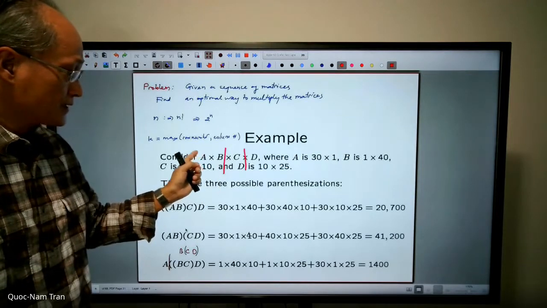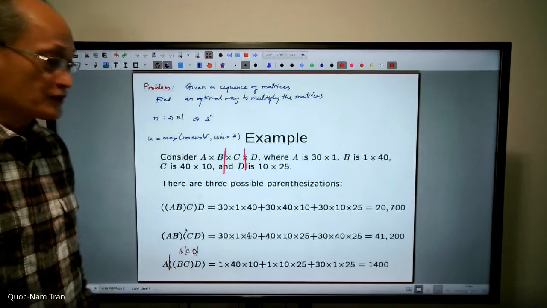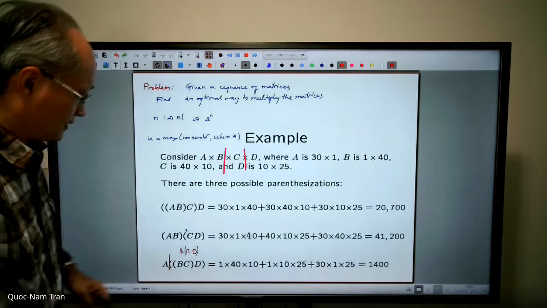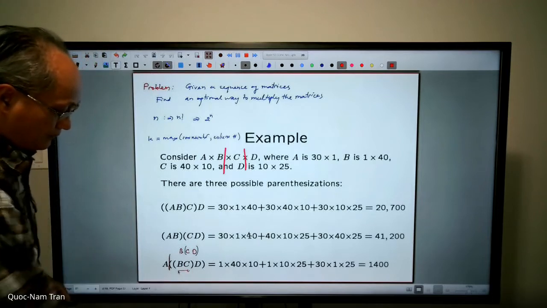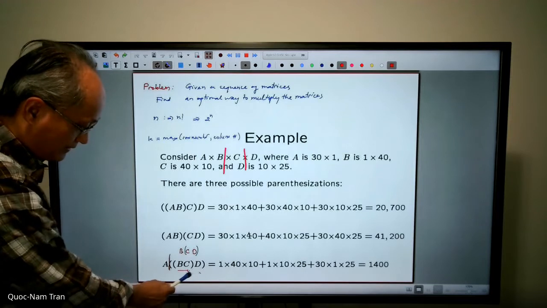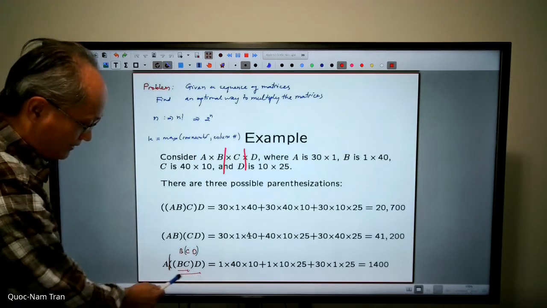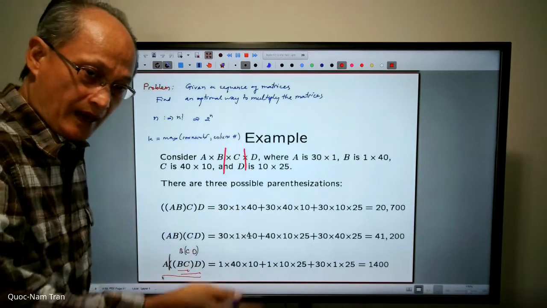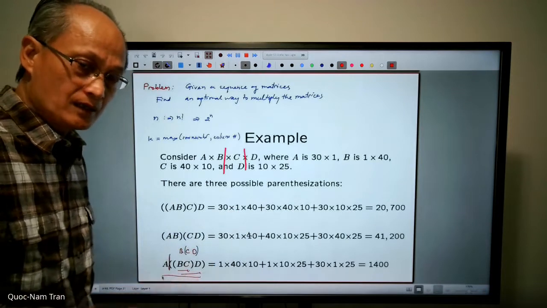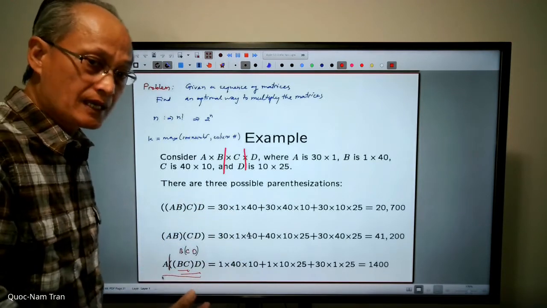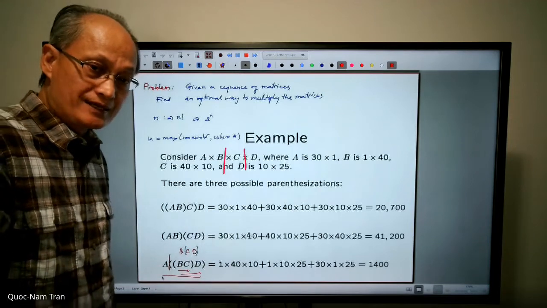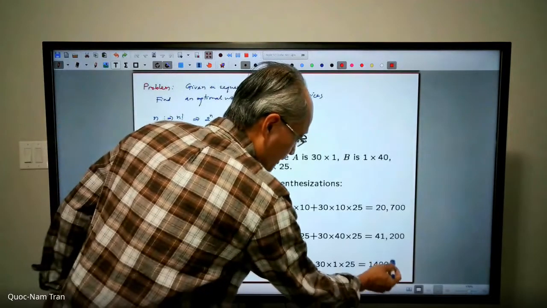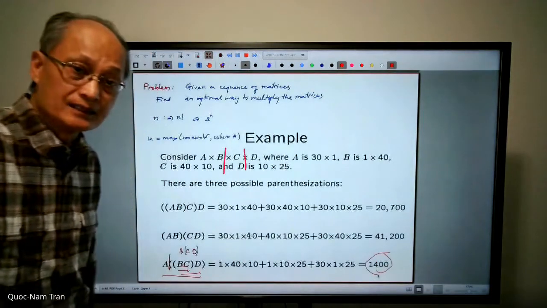We have 4 matrices, A, B, C, and D. Similarly, you can check by yourself at home that if you multiply BC first, after that you multiply with D, and after that you multiply with A, the total number of steps, meaning element multiplication or multiplication of integers, suppose the elements in the matrices are integers, is 1,400.